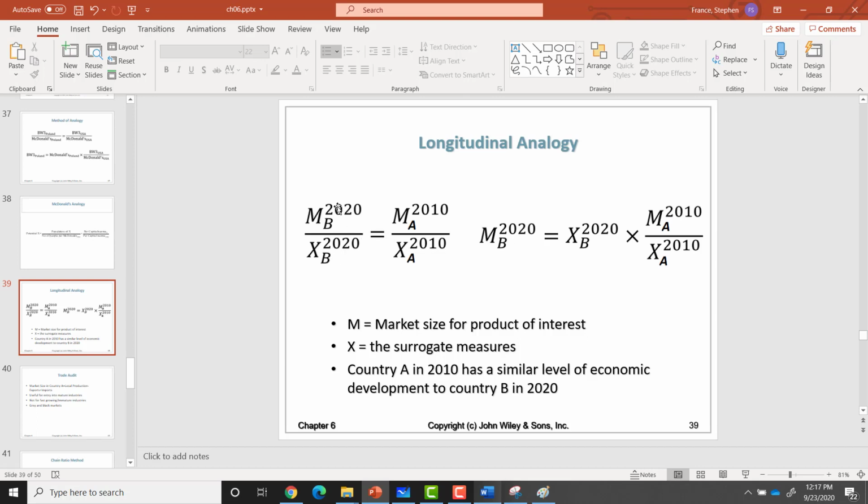So I've thought of a software example where the ratio between internet goods and non-internet goods in my market is the same as in another market in 2010. I would utilize this to work out the market potential for my internet solutions in my own country in 2020. So the idea is a little bit like the analogy method, but it's thinking that my country is maybe 10 years behind another country. Okay, so let's do an example.